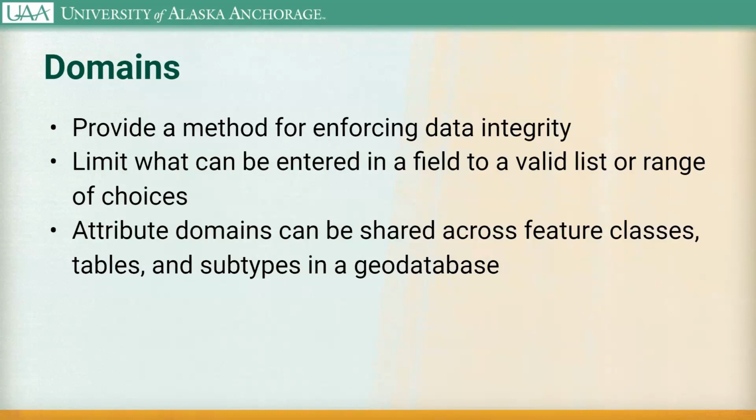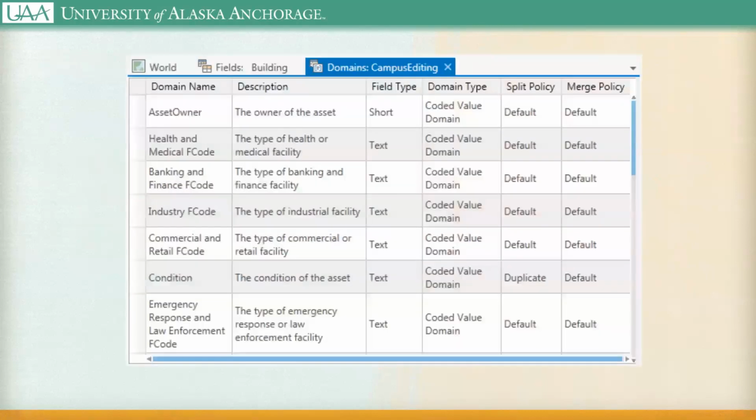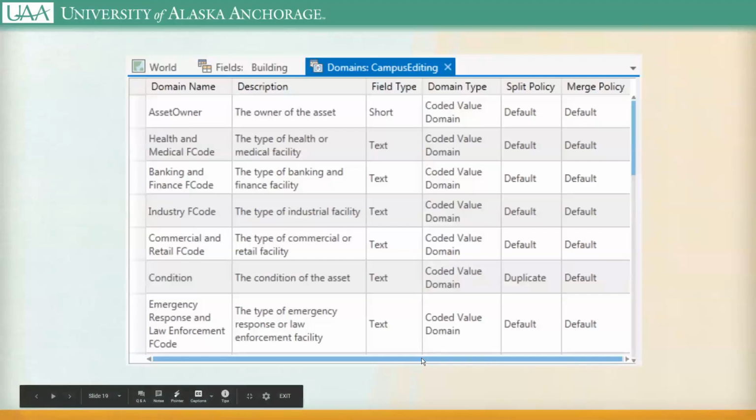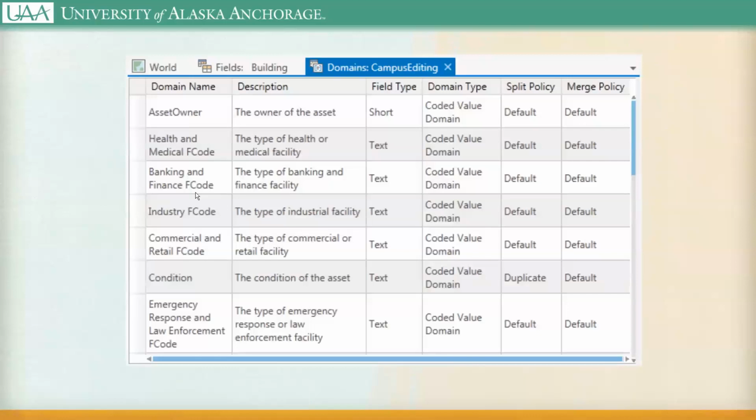So essentially, a domain is a list of ideas. Here we can look at the condition domain. So you could have a condition domain that said your asset was in good condition, fair condition, needs improvement condition.